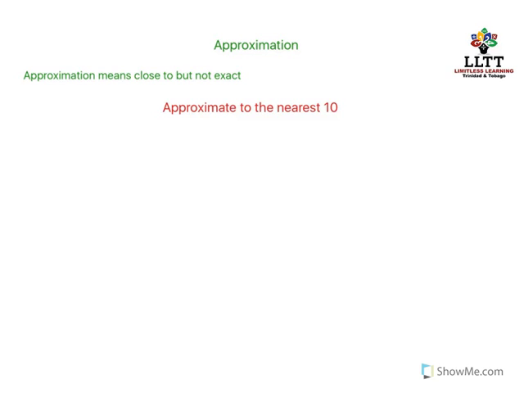So let's just do a quick refresher. When we're talking about tens, it goes 10, 20, 30, 40, 50, 60, 70, 80, 90. Right? So if we're going to be approximating to the nearest 10, then that means that our answers can only be 10, 20, 30, 40, 50, 60, 70, 80, 90 for right now.